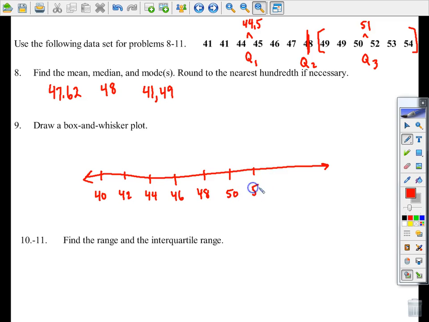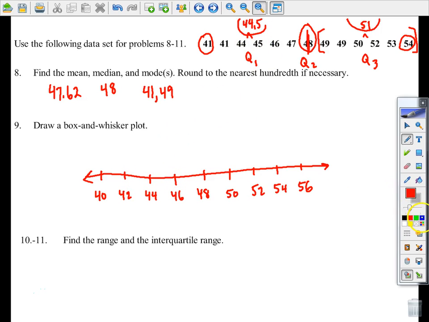All right, let's work through this. And I've got a number line now where I will plot these 5 numbers. Okay, I'm going to plot these 5 numbers on my number line or above my number line.